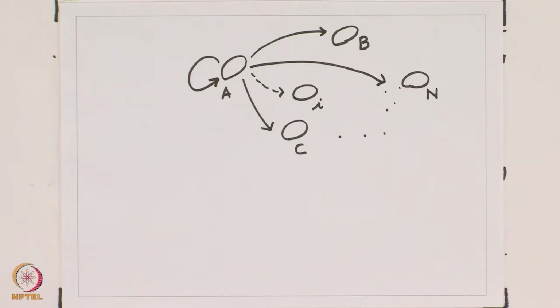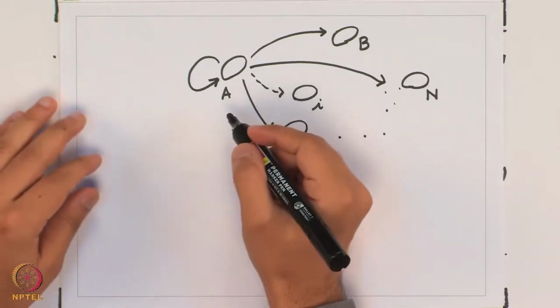One is all the arrows which are leading out from a node such as this.